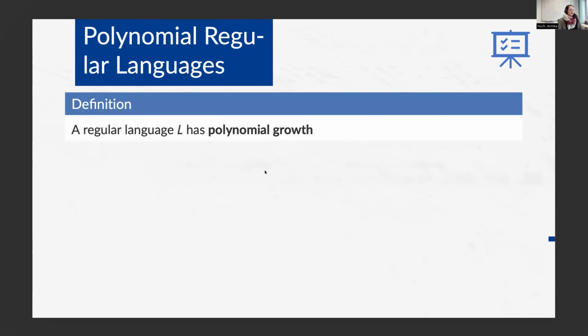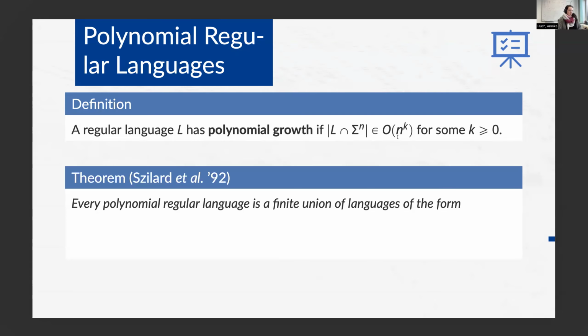A regular language has polynomial growth if the number of words of length n, for every length n, is bounded by a polynomial. The most interesting result for our work was found by Ziel et al. in 92, but there's plenty of research on polynomial regular languages.